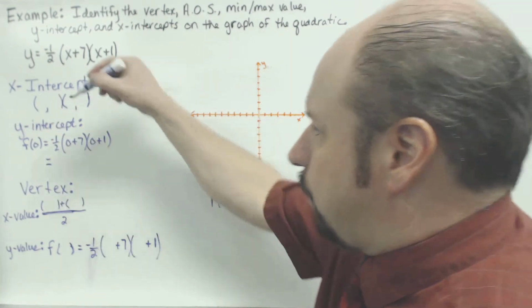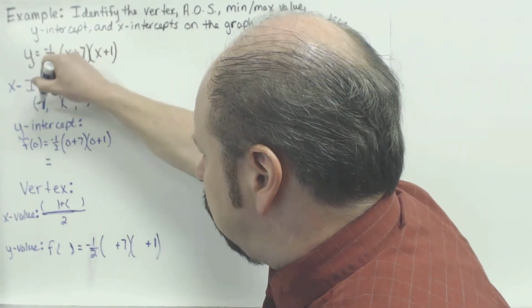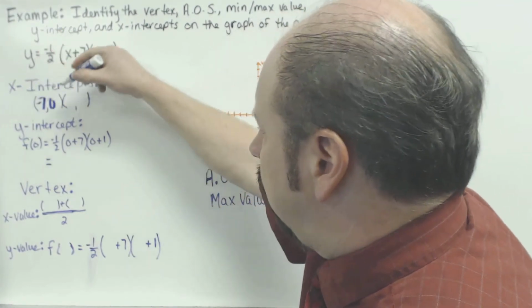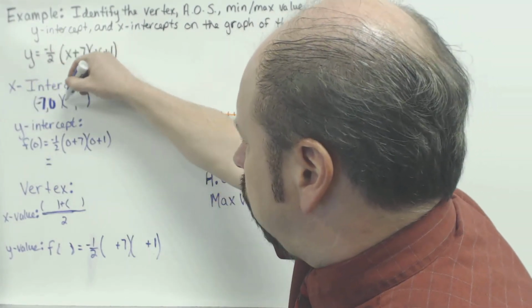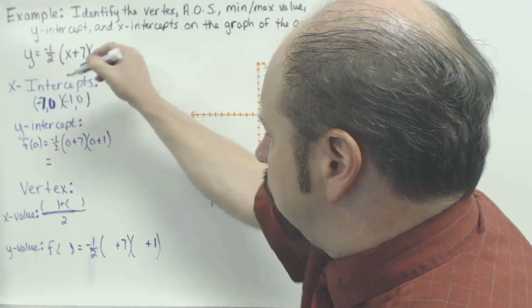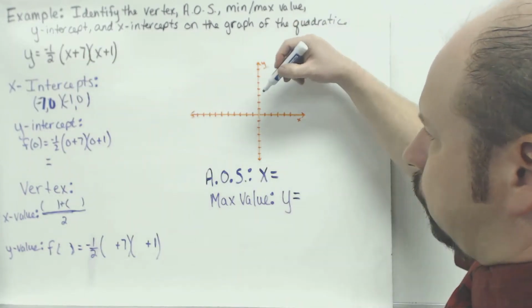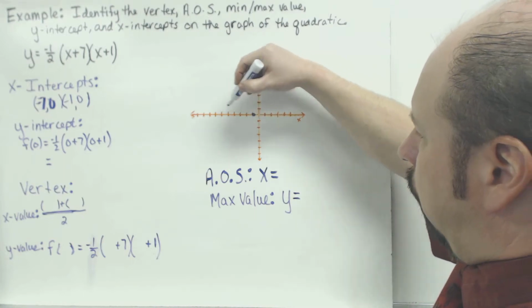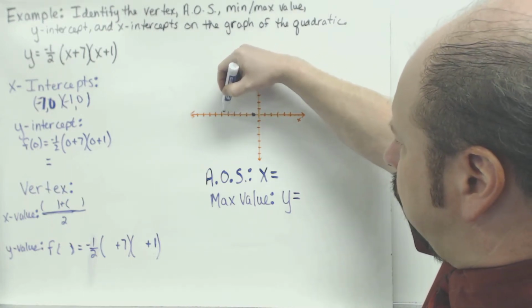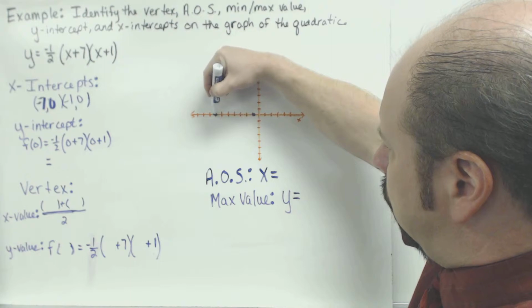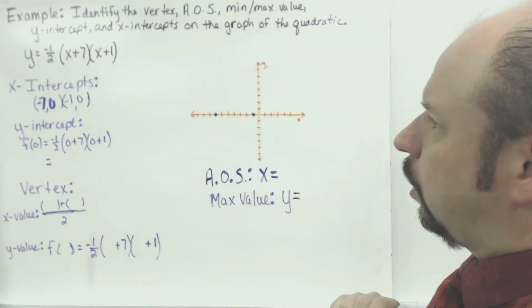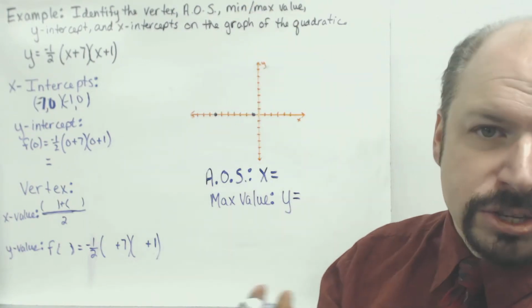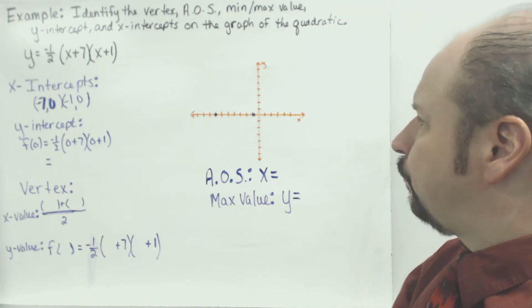So in order for this to be minus, we really need to think of this as minus a -7. So our x-intercepts are -7, 0, and -1, 0. Okay, so we have -1, 0, and -7, 0. Okay? So we have our two intercepts.